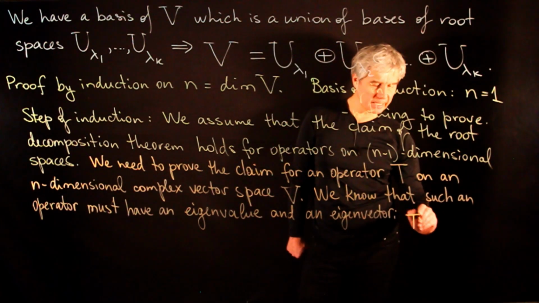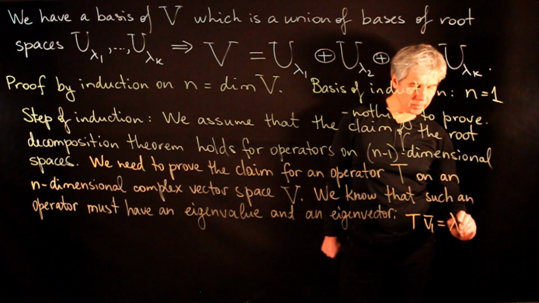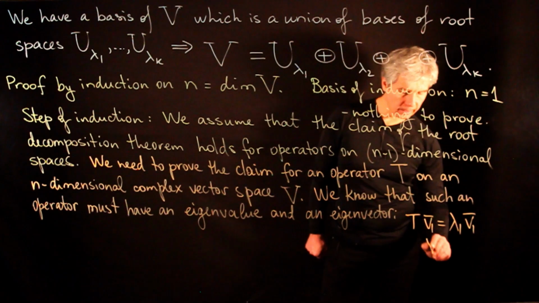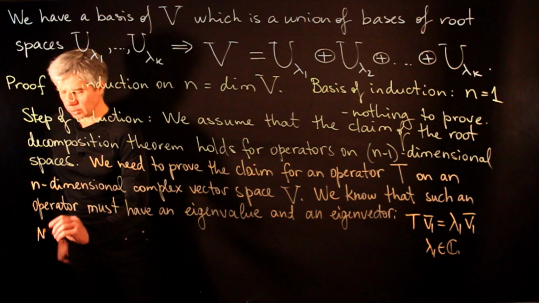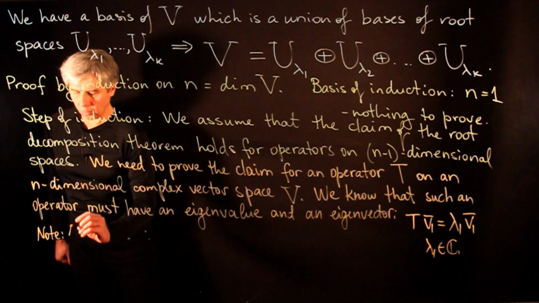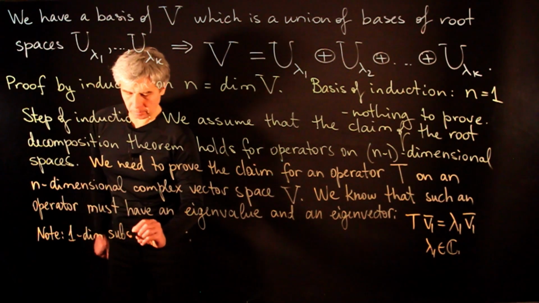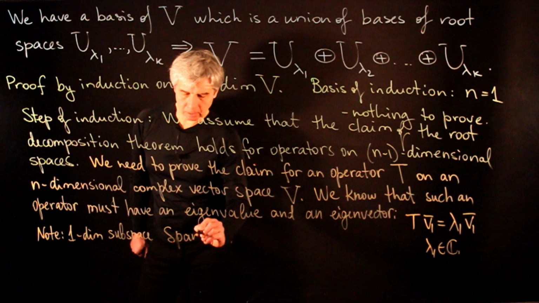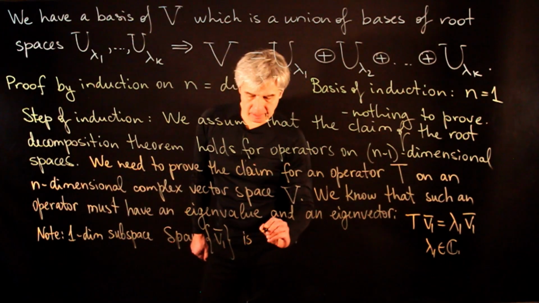So we have T v1 is equal to lambda 1 v1, where v1 is an eigenvector and lambda 1 is a complex eigenvalue. Note that the one-dimensional subspace, which is the span of the vector v1, is T invariant.